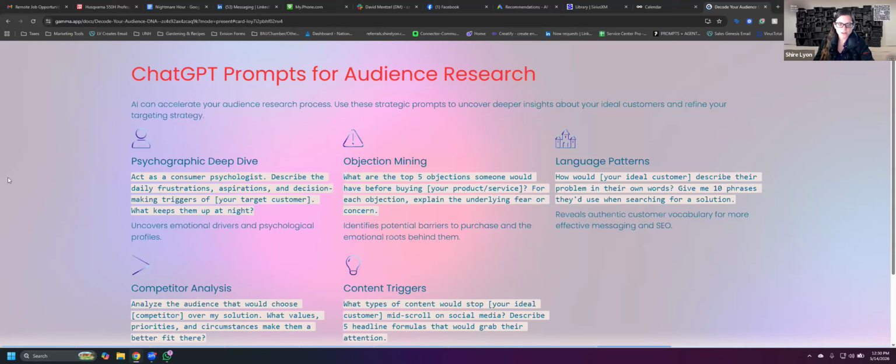But there's one for that psychographic deep dive, one for mining the objections someone would have before buying whatever. You want to identify barriers to purchase. Language patterns help you write ads, SEO, emails.